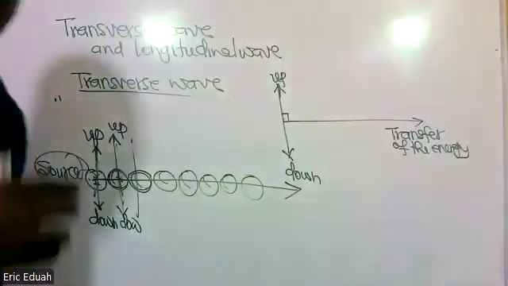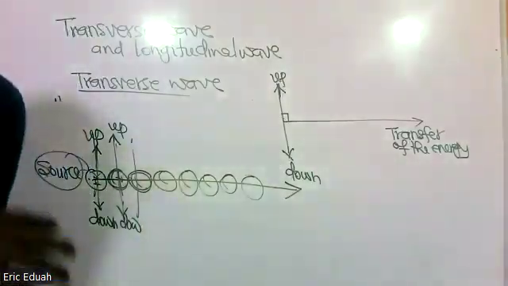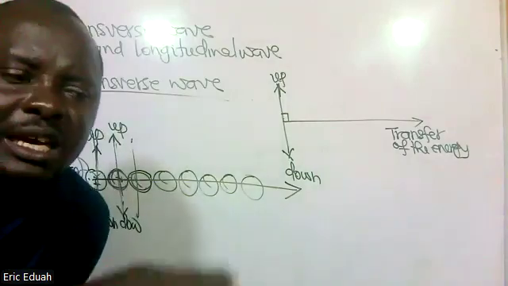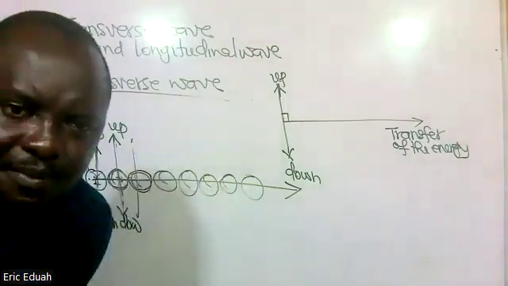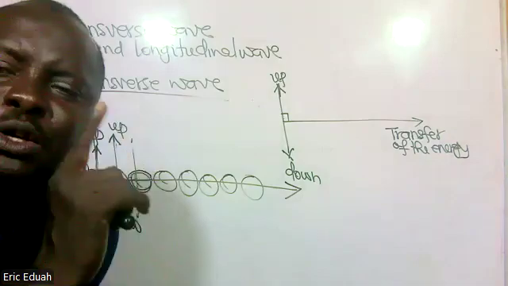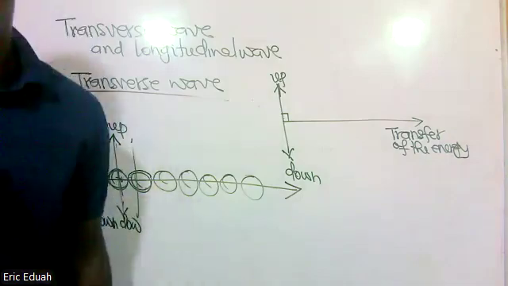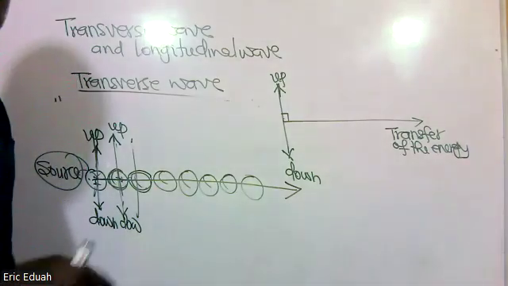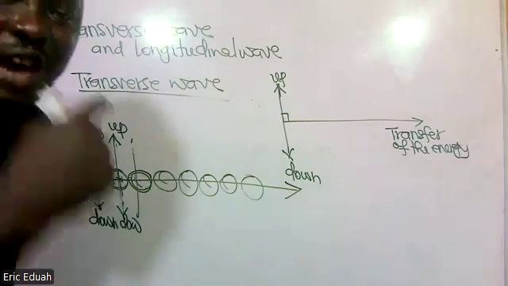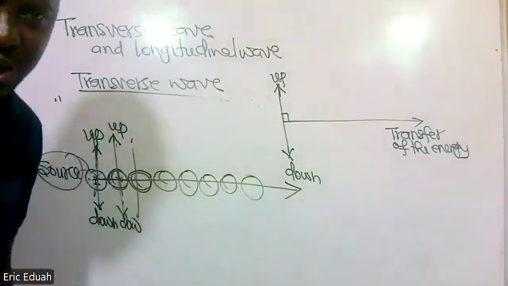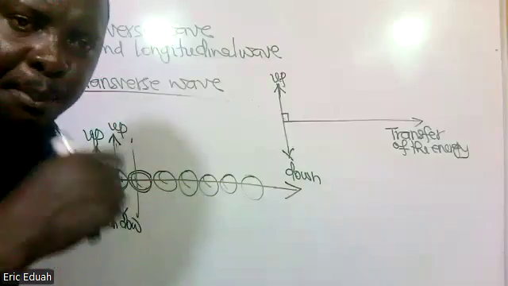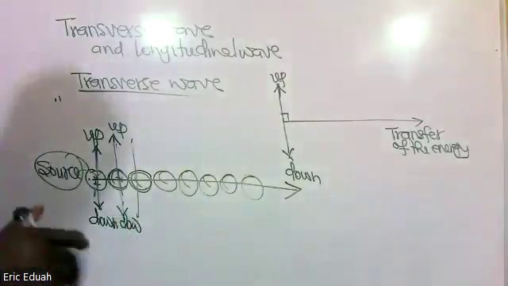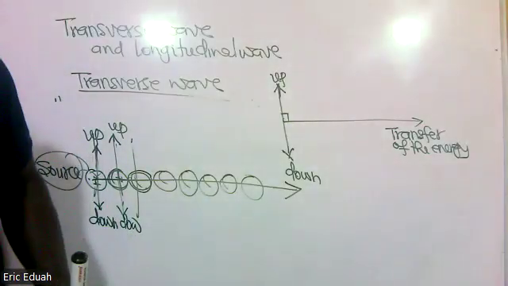So a transverse wave is that kind of wave whereby particle vibration is perpendicular to the propagation of the wave. So in a transverse wave, the vibration of the particles is perpendicular to the propagation of the wave itself. Please note the definition.